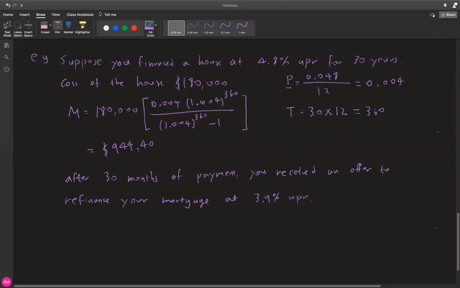So if you refinance, that means that you're putting another interest on top of this, which doesn't sound like a good deal. But let's actually put that into calculation.